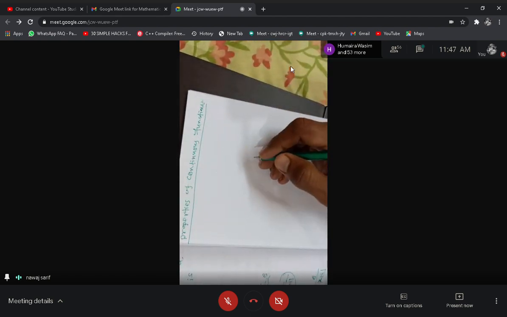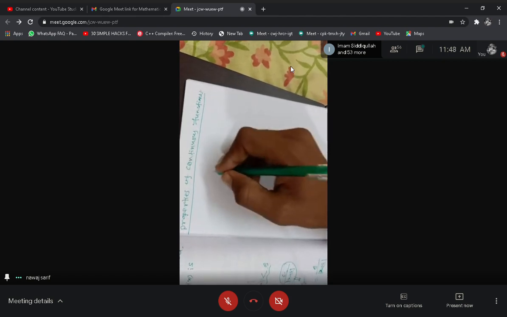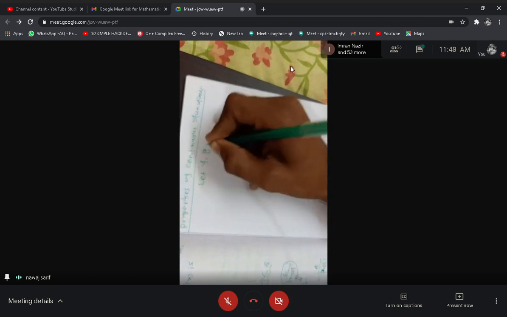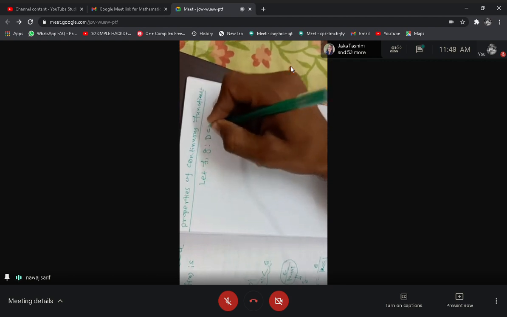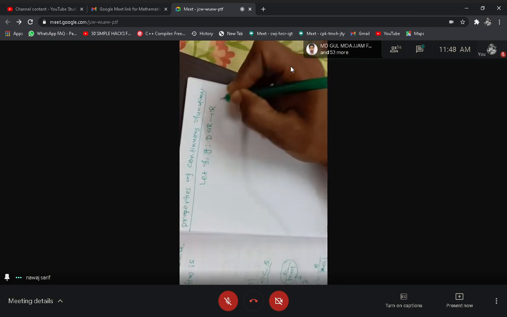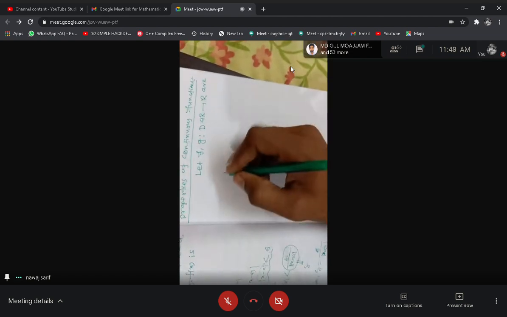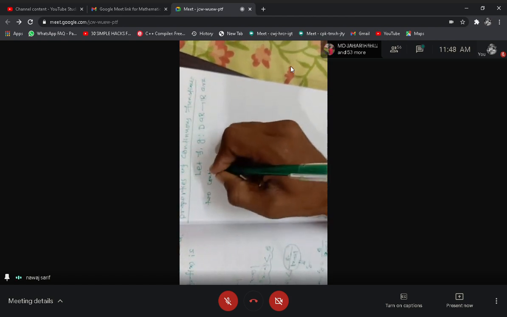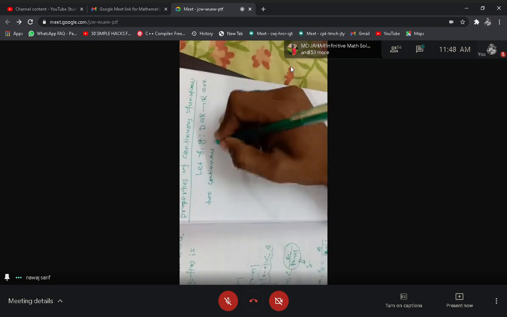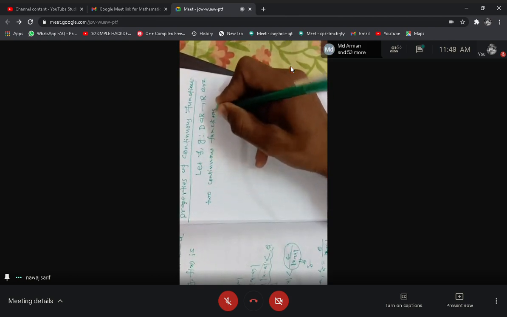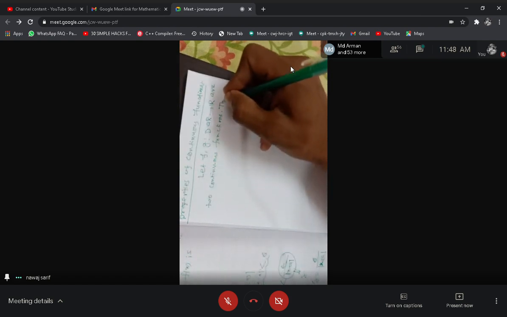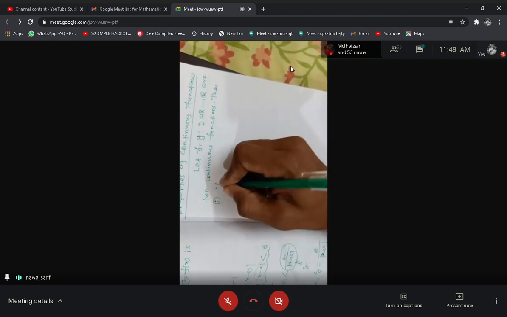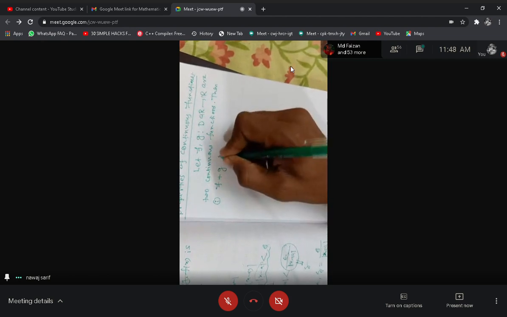Let f and g be two continuous functions from D contained in R to R. Then number 1, the sum of these two functions, f plus g, is continuous.